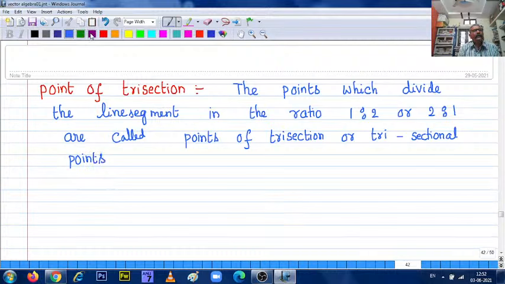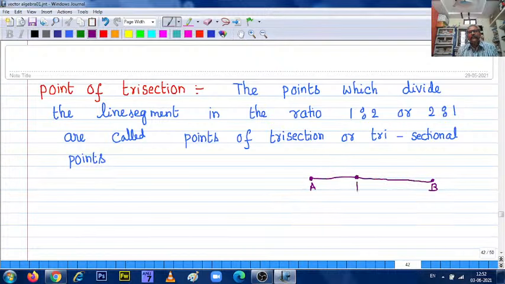Okay. So now this is the line segment. For example, say this is A, this is B. AB line segment.